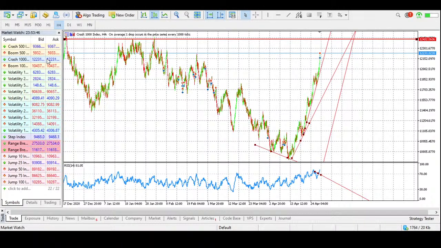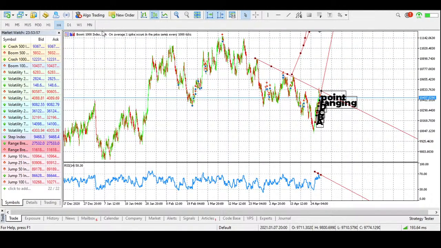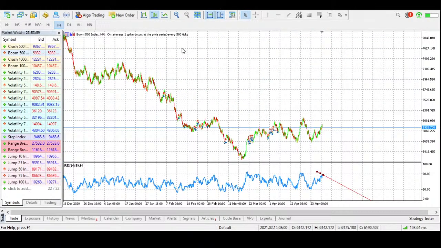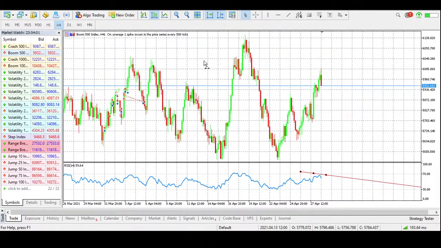Now let me talk about Nasib's question. When detecting spikes, it's better to find them in diagonals. So let's look at another market. Good.